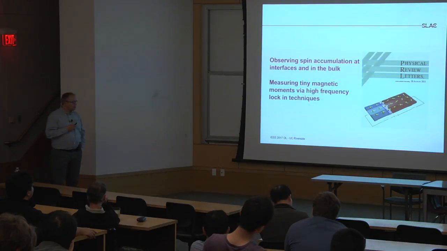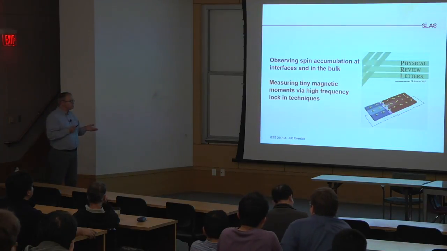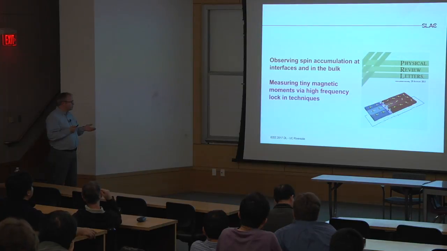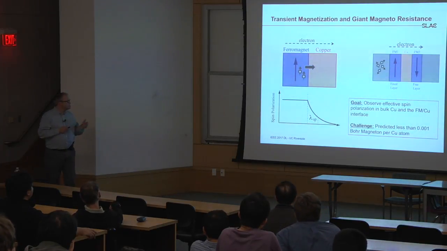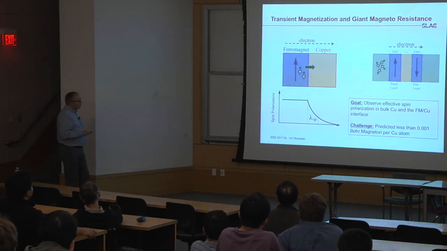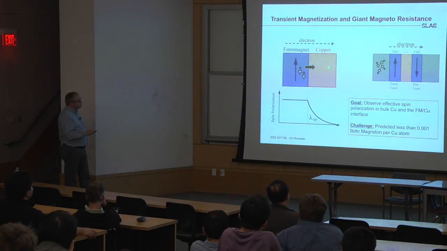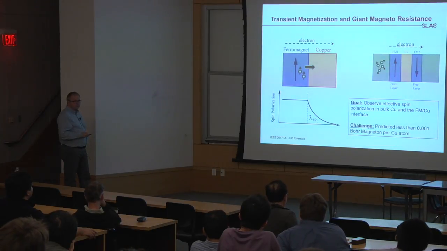And so '99, that was about the time when giant magnetoresistance became prominent. So in giant magnetoresistance, what this means is that if you have a structure where you run a current from one ferromagnet to another ferromagnet through a non-magnet, then actually the resistance depends very strongly on whether these two ferromagnetic layers are parallel or antiparallel.